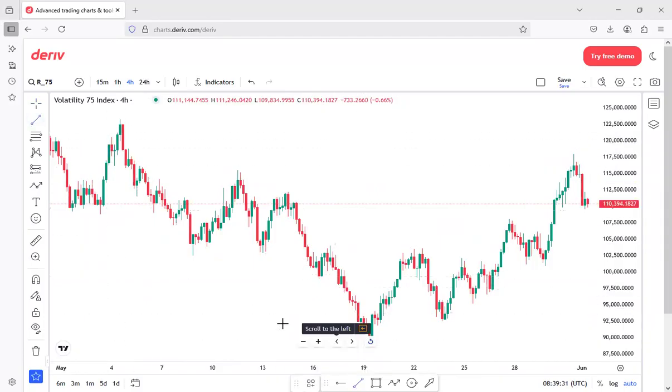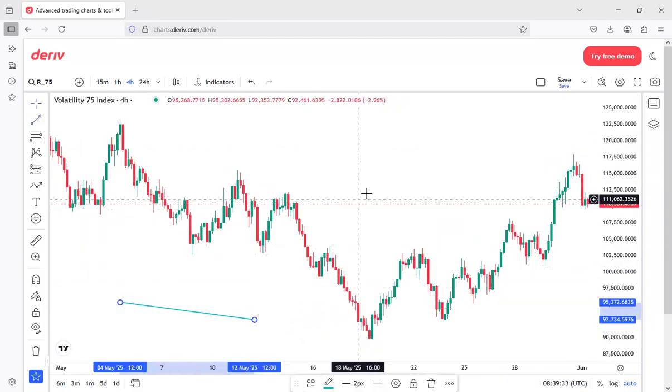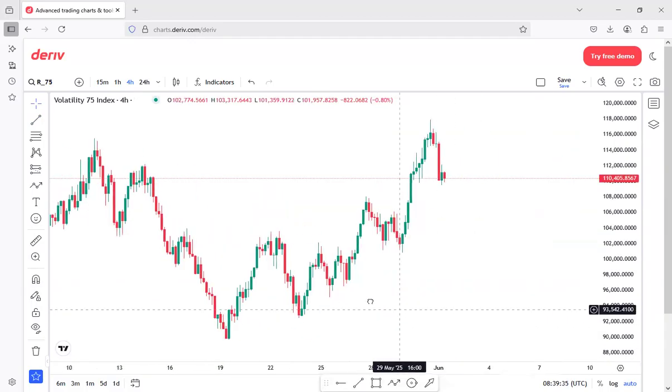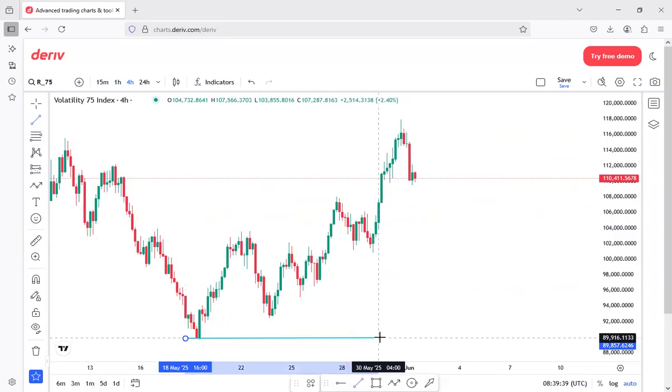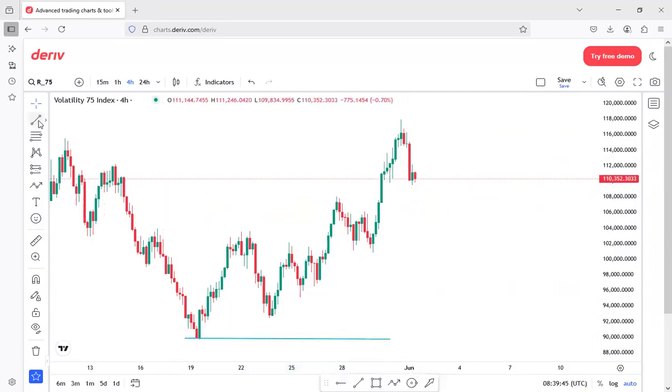If you go down to the 75 index to see what the price is doing: if you notice, price went all the way and gave me this recent low, which it gave me here. This is the lowest level that price got to, and then it created these highs.